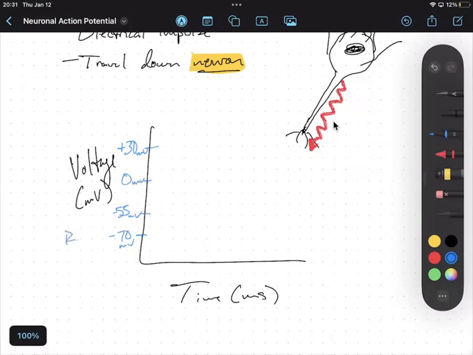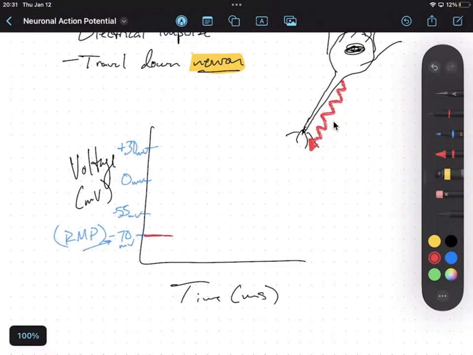So this negative 70 is the resting membrane potential. If we plot this, let's draw it in red here. We're going to be existing and hanging out somewhere around negative 70.